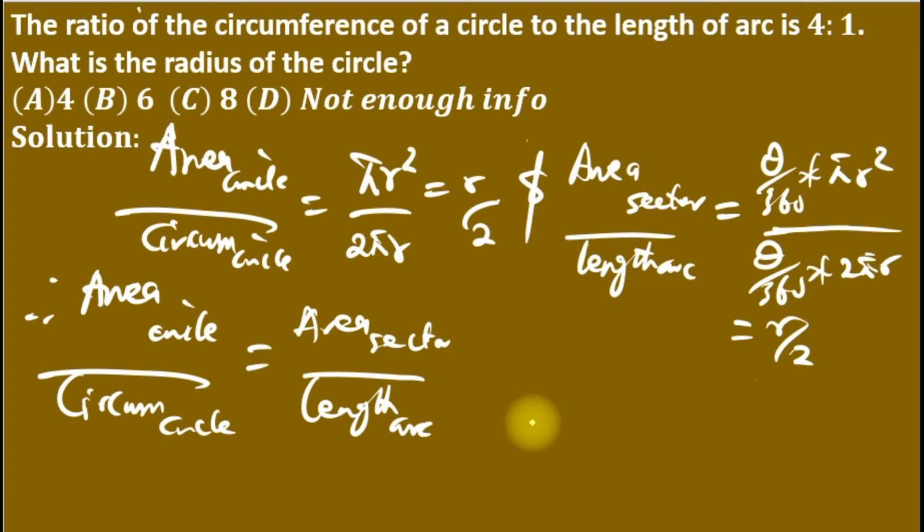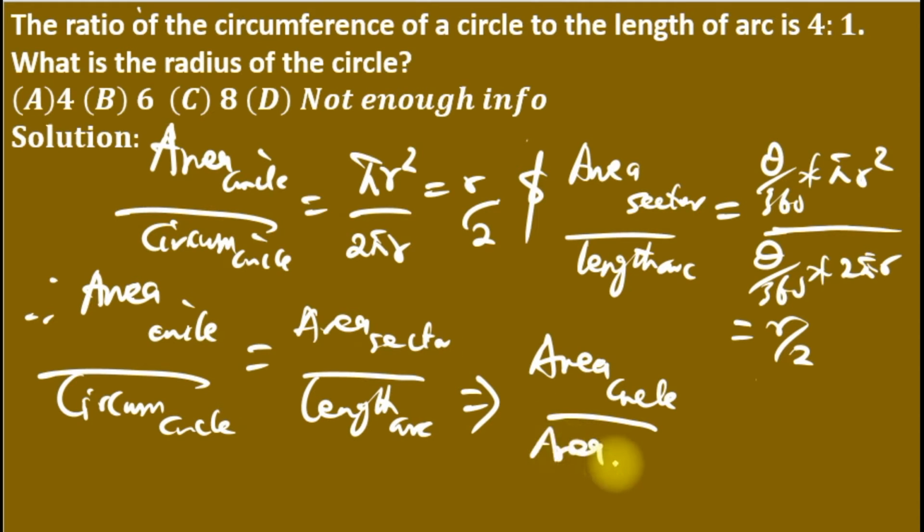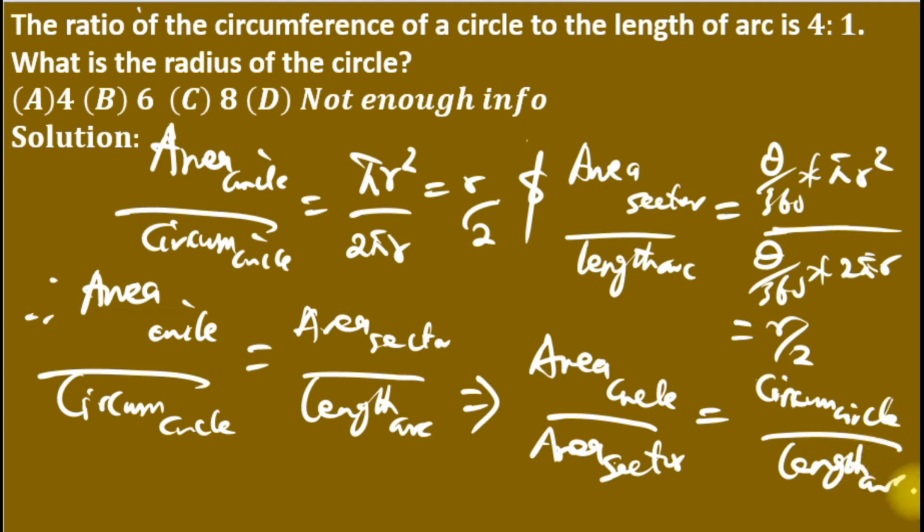Which implies that if you now do area of a circle over area of a sector, I'm cross multiplying, I interchange, this comes here, this goes over here, it will be the same thing as circumference of the circle over length of arc of that same circle.